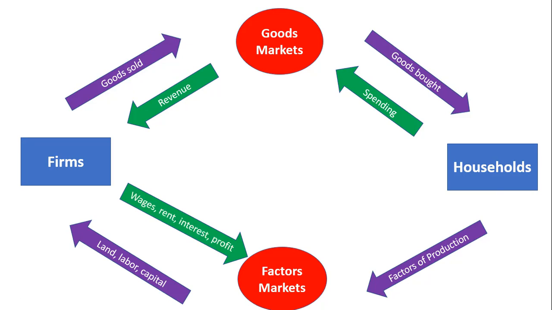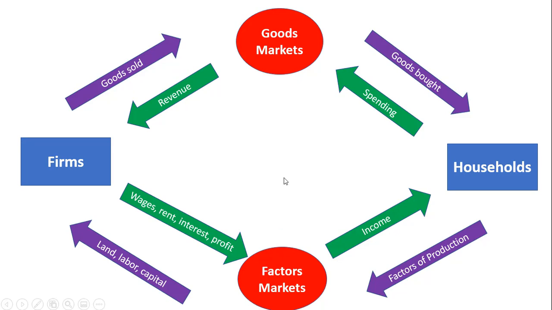And in return for these factors resources, firms pay the owners wages for labor, rent to land owners, interest to capital owners, and profit to the owners of the firm. And that becomes income to households. So that is the simplified version of the market economy.